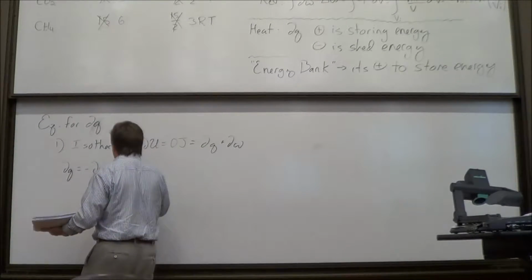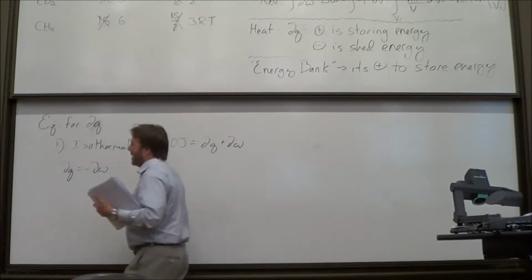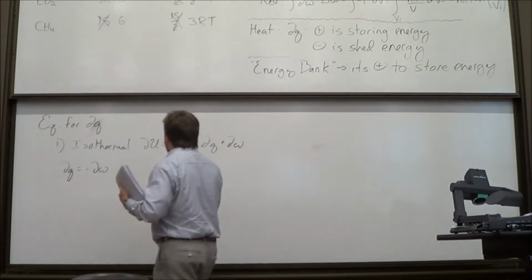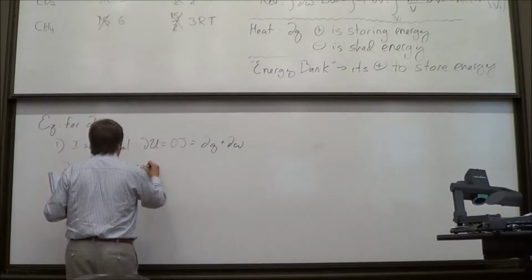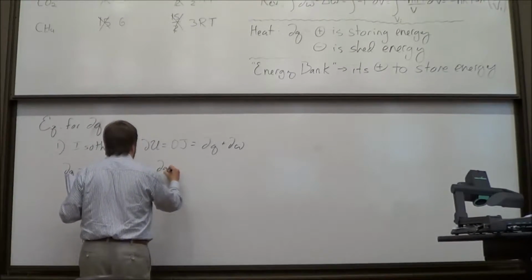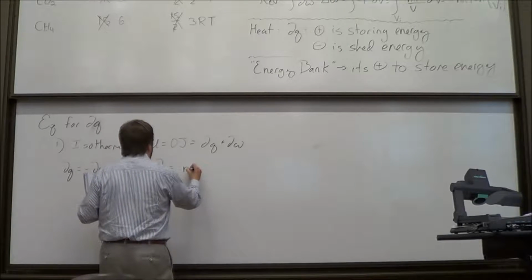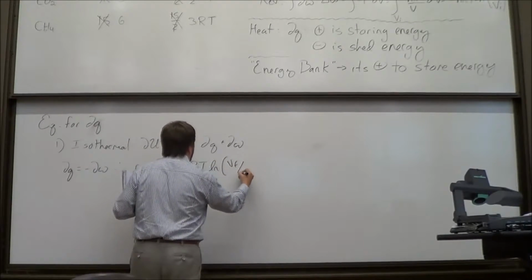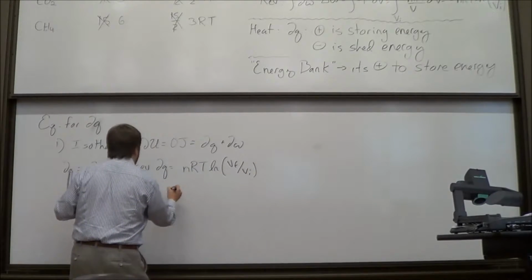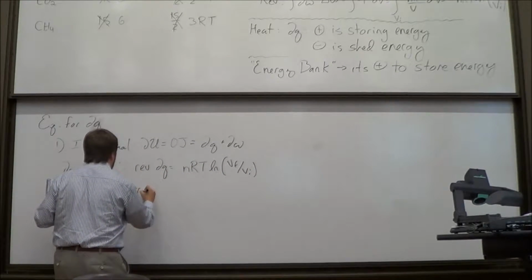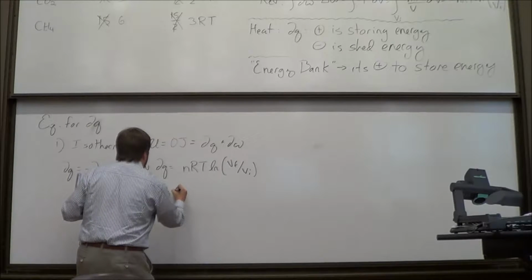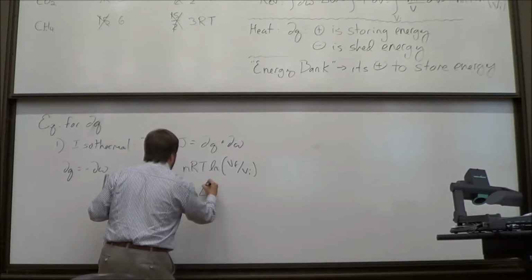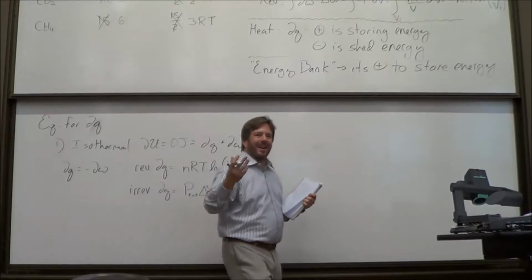Now I've got to do my reversible, irreversible. You may notice that I've defined actually 3 paths, by the way. Let me just write this down. Reversible heat would be nRT ln VF over VI, and irreversible heat is just PEXT delta V. The minus signs are gone, okay?